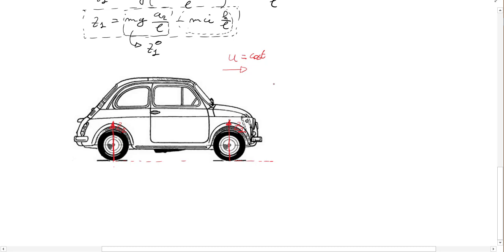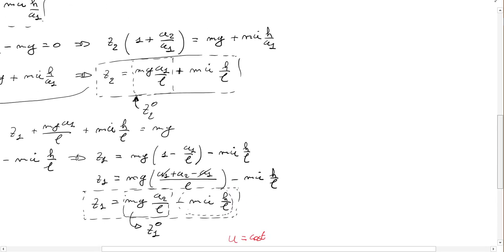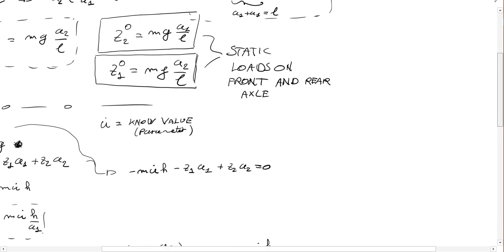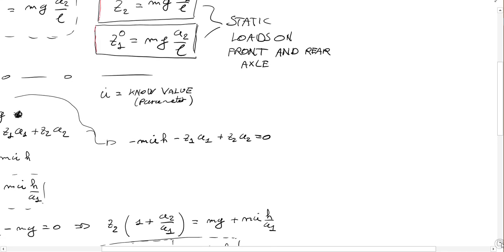So what we know is on the front axis and on the rear axis we have Z1 0 and Z2 0, and as we saw before, this will be the value of the equation. So one is this one and the other one is this one. Let's write here.